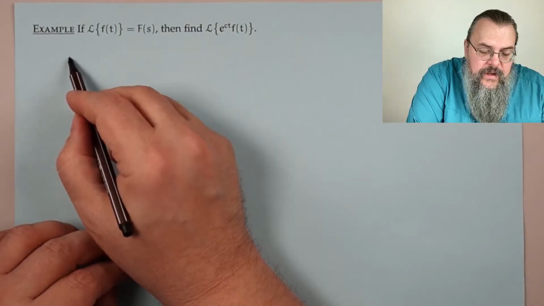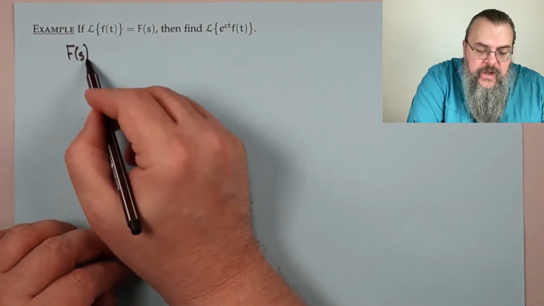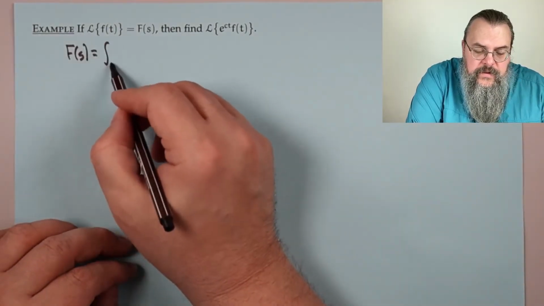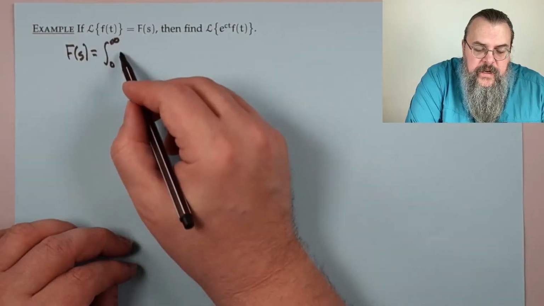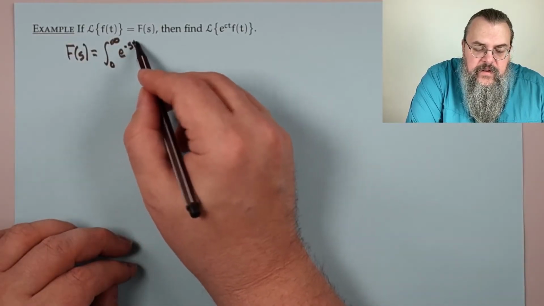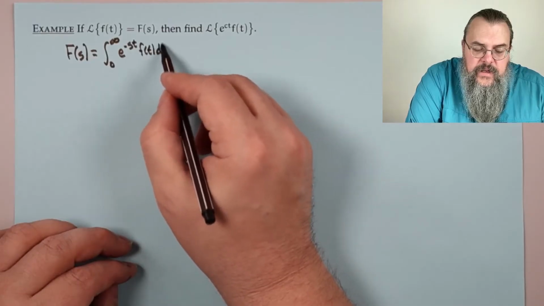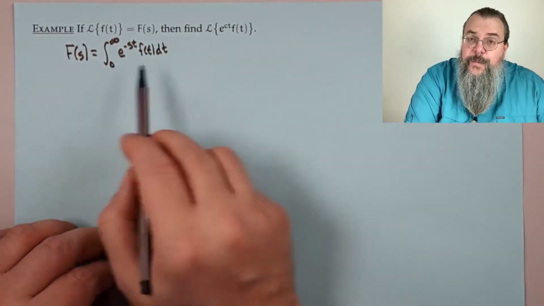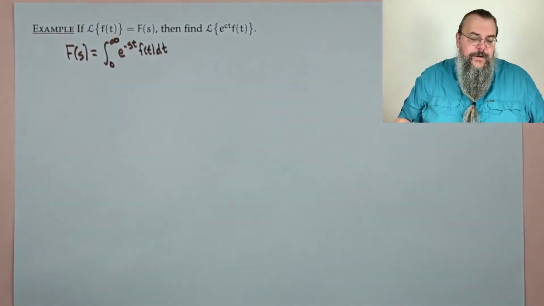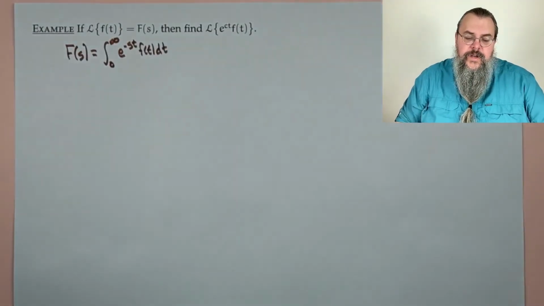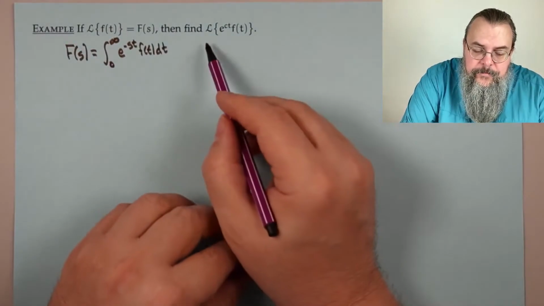Well, that says that F of s is the integral from 0 to infinity of e to the minus st times f of t dt. So remember that.